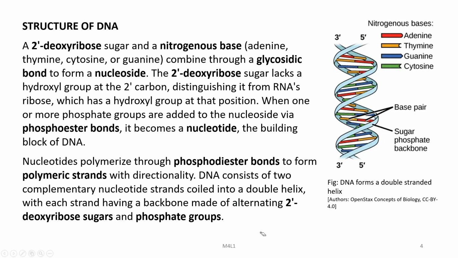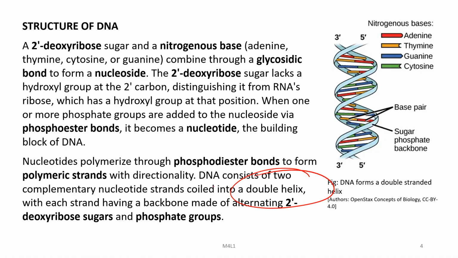So, this is the simplest way in which we can understand the structure of a DNA molecule: simple molecules like deoxyribose sugar join with nitrogenous bases to form a nucleoside, which in turn adds on phosphate groups to form nucleotides, and these nucleotides then polymerize to form single strands, and they have complementarity in the DNA double structure, where they exist in a double helix.